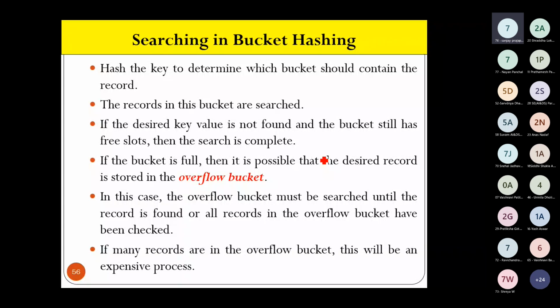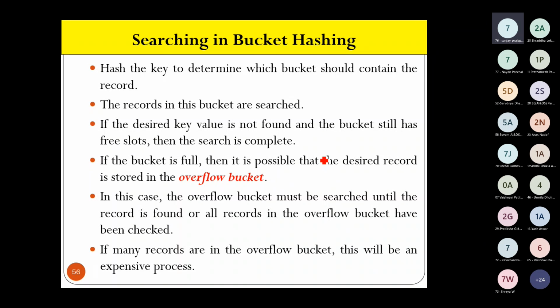Let us consider that your buckets are full and you have stored so many elements in your overflow bucket. Every other bucket has only 3 elements and your overflow bucket has suppose 100 elements. In the worst case, suppose you want to search for 33.